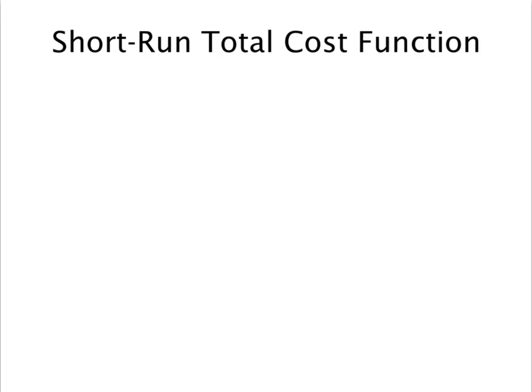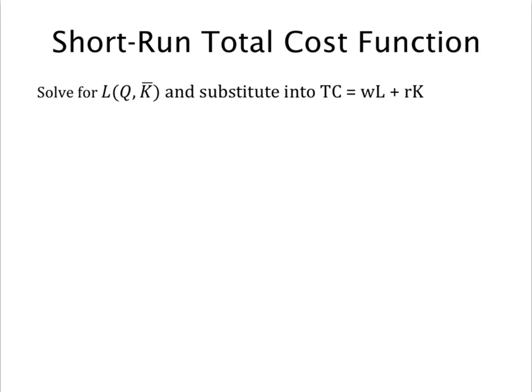So, what's the takeaway from this video? The total cost of production, when only one input is variable, is relatively easy to model. No calculus, just a matter of solving for L as a function of Q and substituting into the expression for cost.